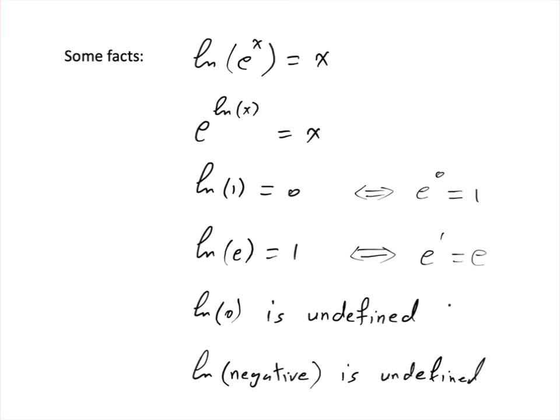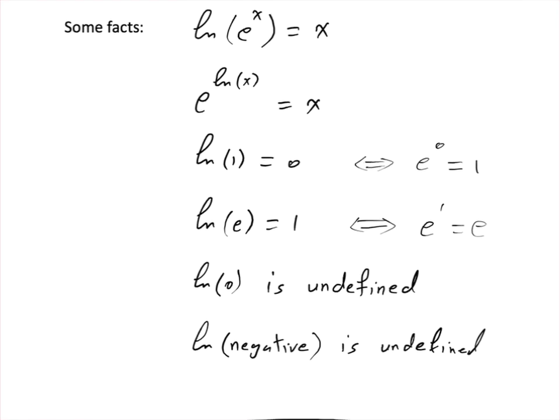Anything raised to 1 is itself. ln of 0 is undefined because there is no way you can raise e to a number and get 0. e raised to any number will always be a positive value, regardless of what that number is, positive, negative, 0. So this is why ln of 0 is undefined. ln of negative numbers are also undefined for the same reason, because raising e to any number, it will never become negative. It will always be positive.